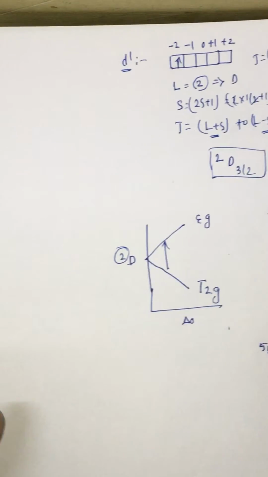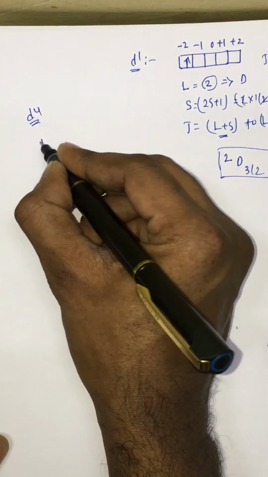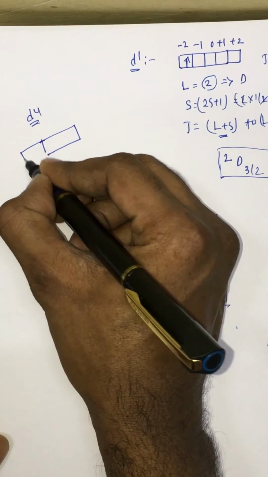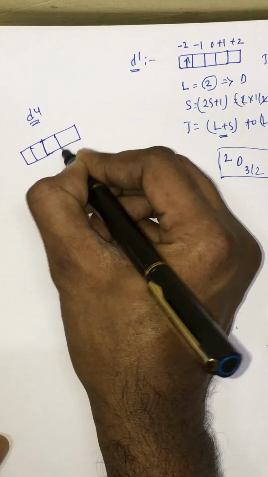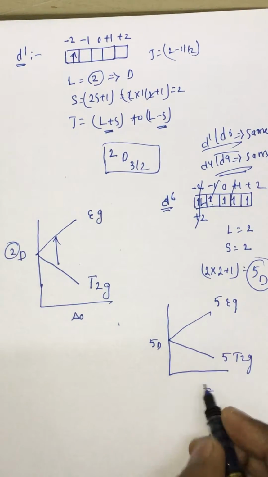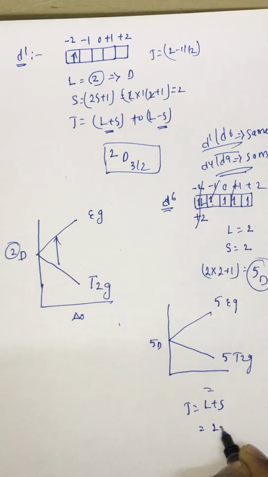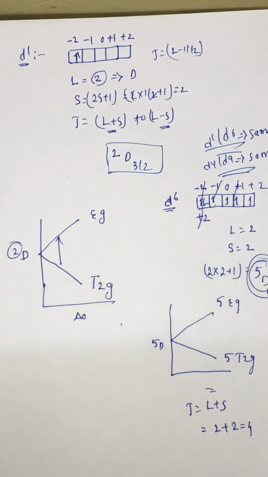And for d4 and d9, we have d4 here, and here d6, it's more than half filled, right? So the J value will be L plus S. L value how much? 2. S value how much? 2. So 4. So this is the ground state term.